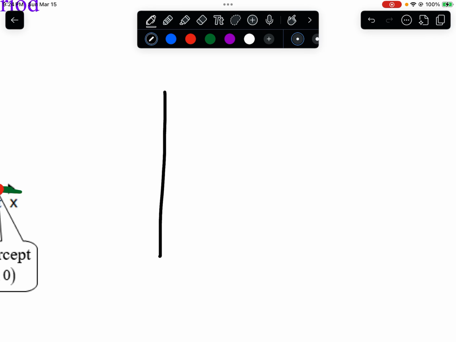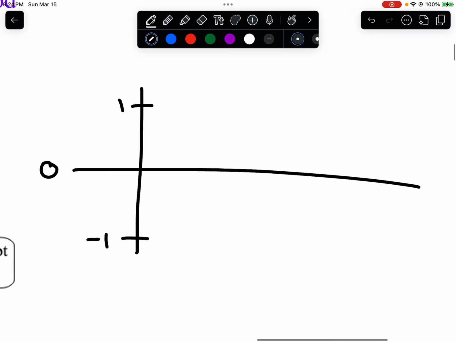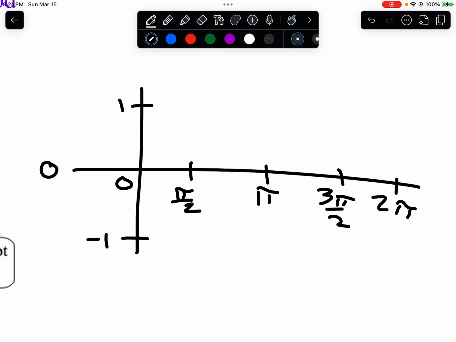One thing I did want to mention here: if I were to take that same graph, let's call this 0, 1, -1, let's go 0, end at 2 pi, pi over 2, 3 pi over 2.